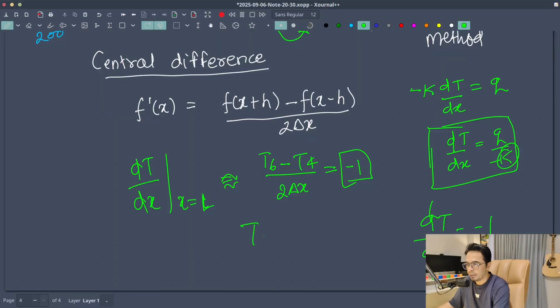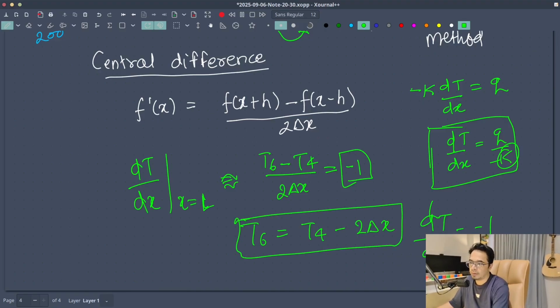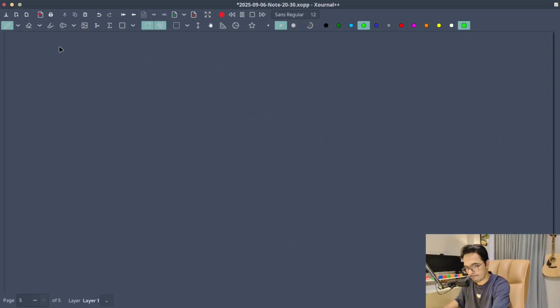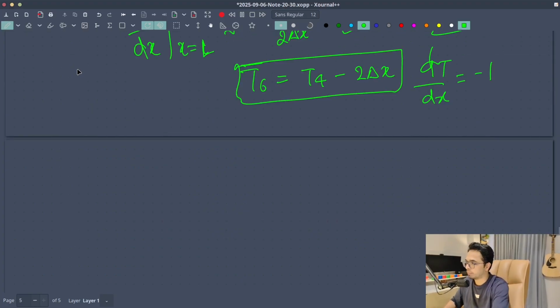So we can eliminate T6 by writing everything in terms of T4 and T5. What has happened is that now we have obtained an equation without T6. Alright, now continuing from what we were talking before, let us look at the equations once again.